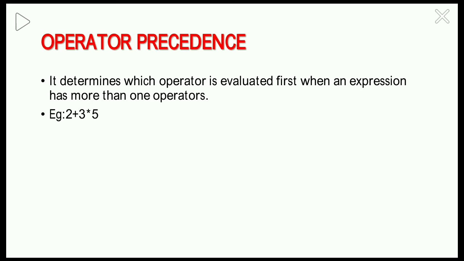In the previous video we learned about the different types of operations that we apply in C language. So here, in the given expression, we are going to execute the operators. Which operator must be executed first? That will be known with the help of the operator precedence table.